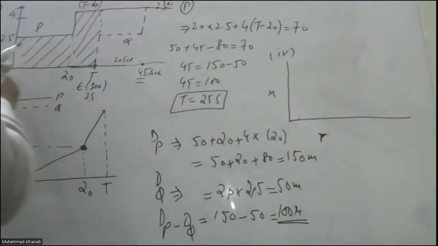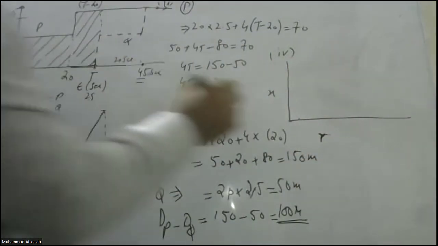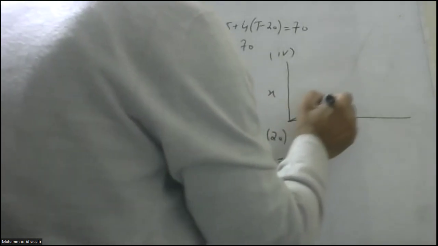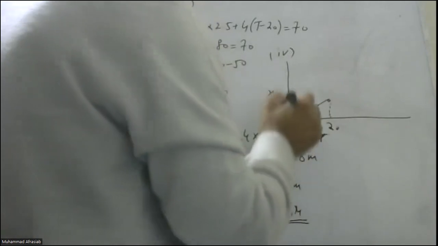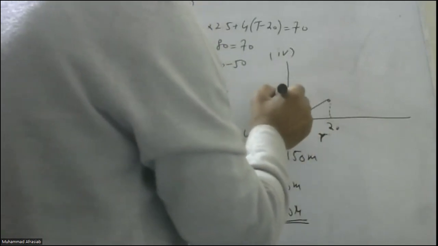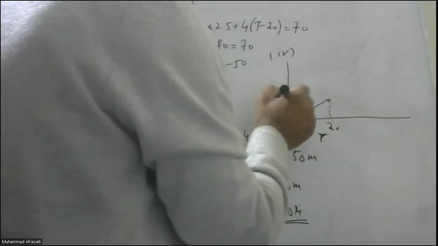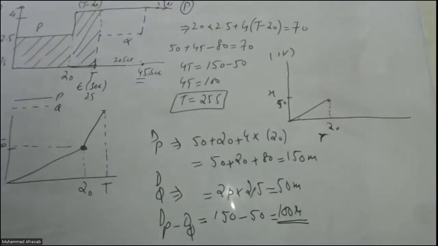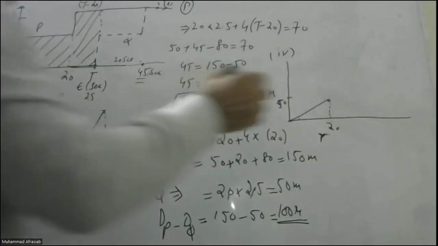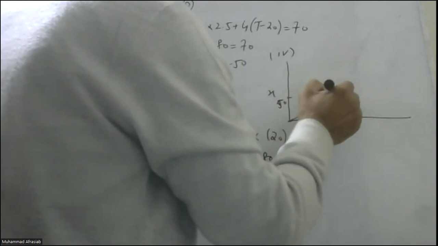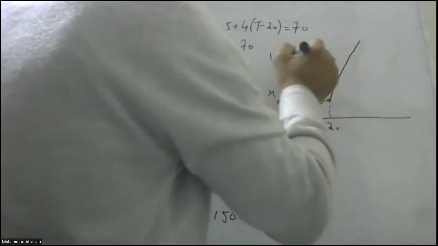From the first rectangle, up till 20 it has covered a distance of 50 meters. Then the second part is also a rectangle but with a slightly steeper slope, so it should be like this.